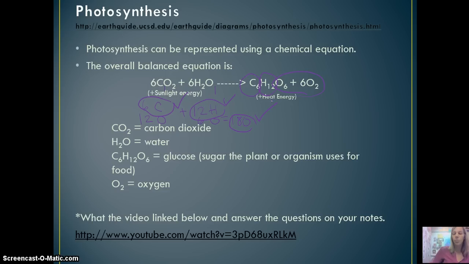So that just kind of reiterates how the law of conservation of matter really works. You do kind of need to have a good feel about that photosynthesis equation. There's a video, and you are going to have to go in and link to this to answer the questions on your notes through Blackboard.